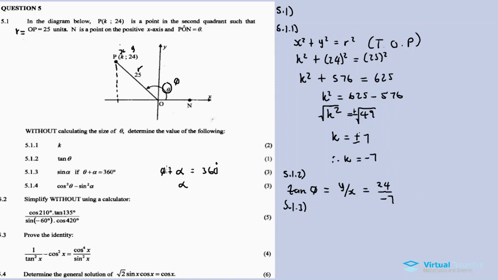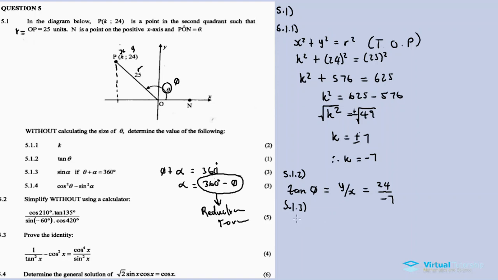Transposing theta, alpha is equal to 360 degrees minus theta. This is what we call a reduction formula, so we need to simplify this.